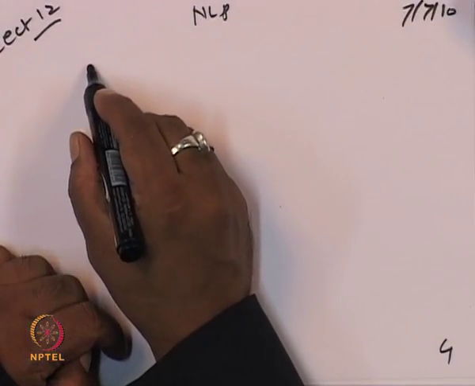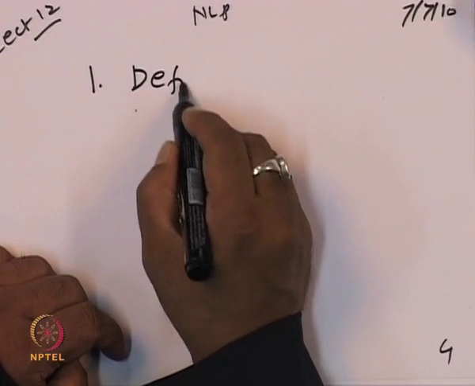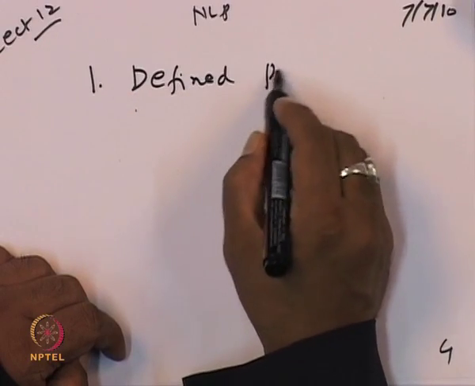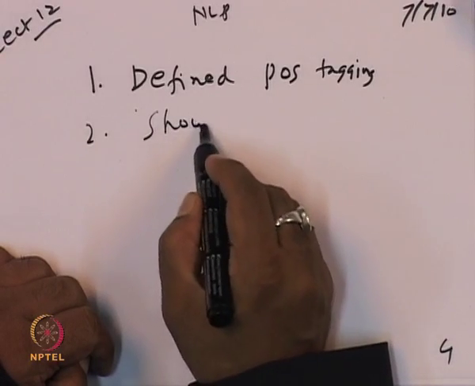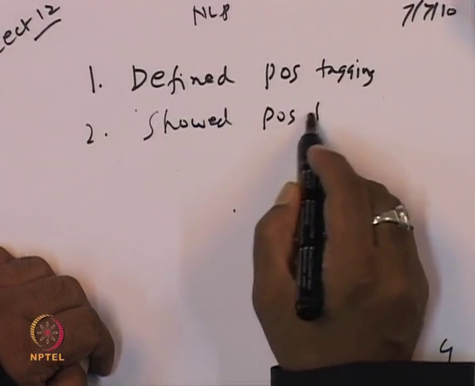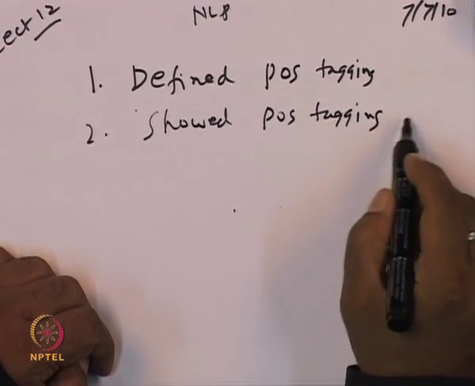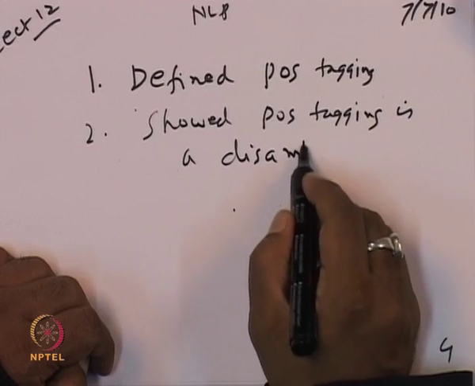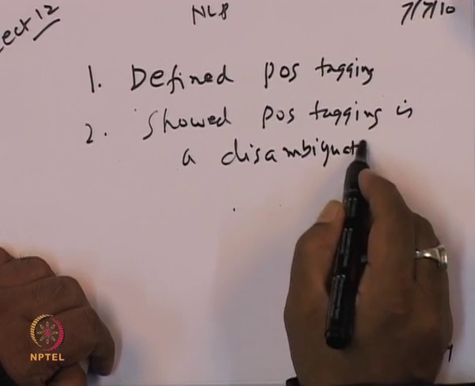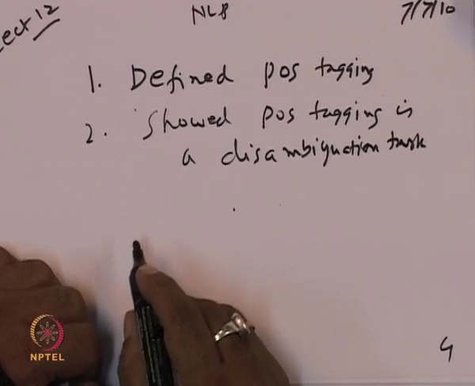So, we defined POS tagging. We showed POS tagging is a disambiguation task.